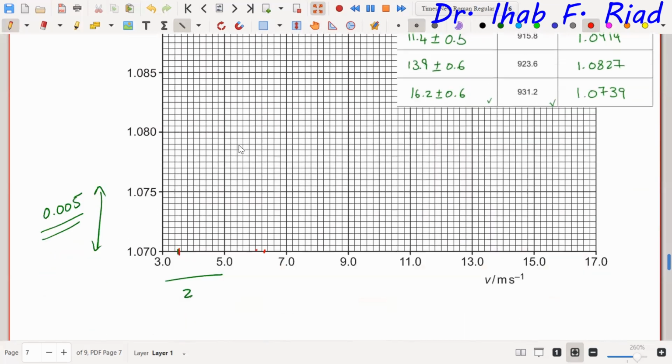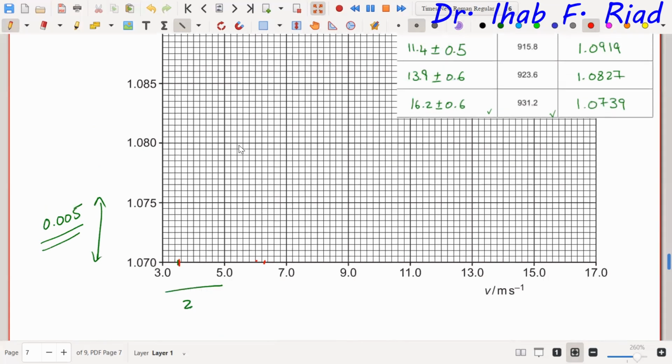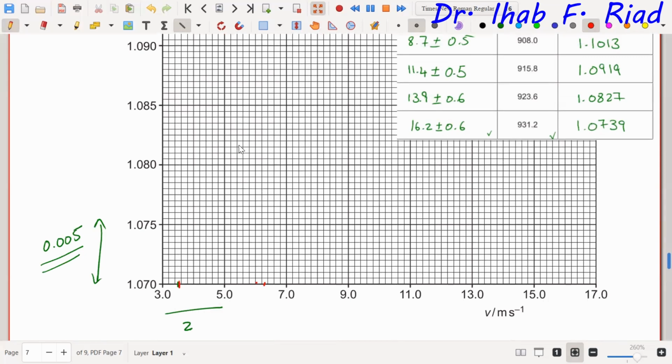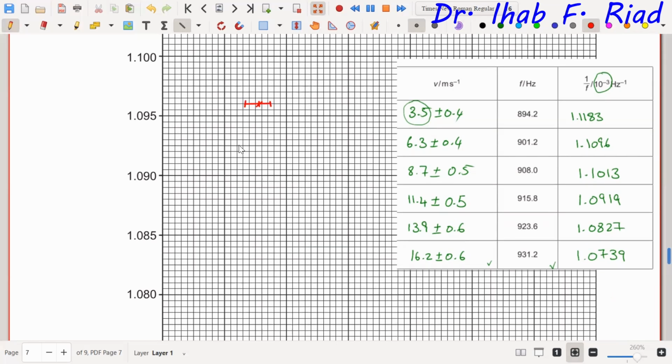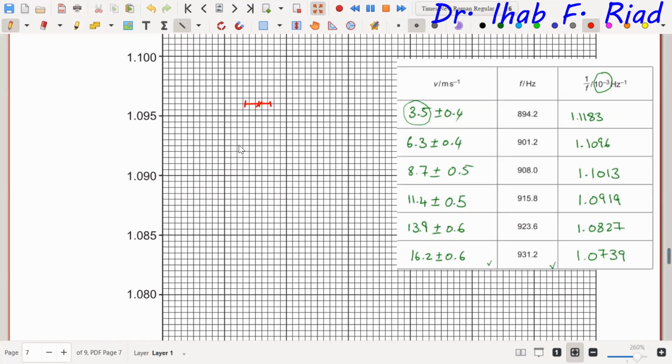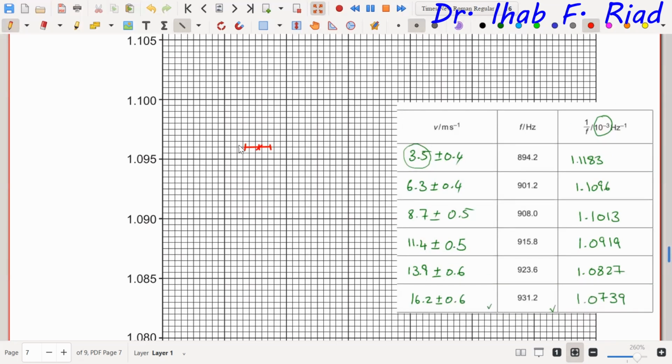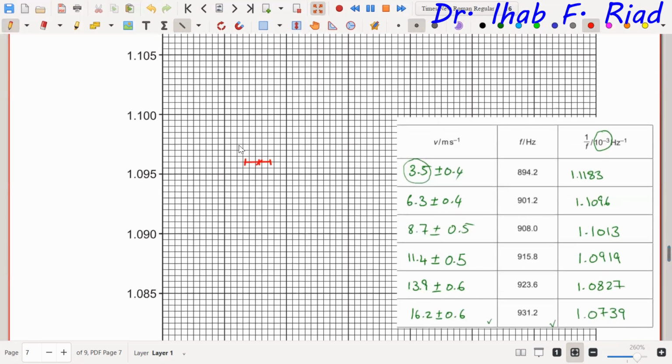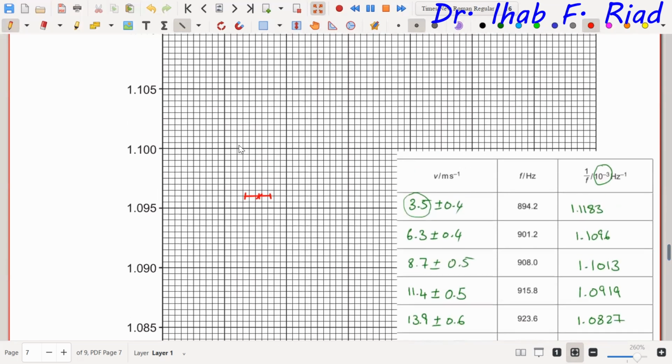Next is 8.7. It is 8.5 steps from 7, right? And where is it going to be? Oh, no, Dean. This is 1.1096, so it is not here.